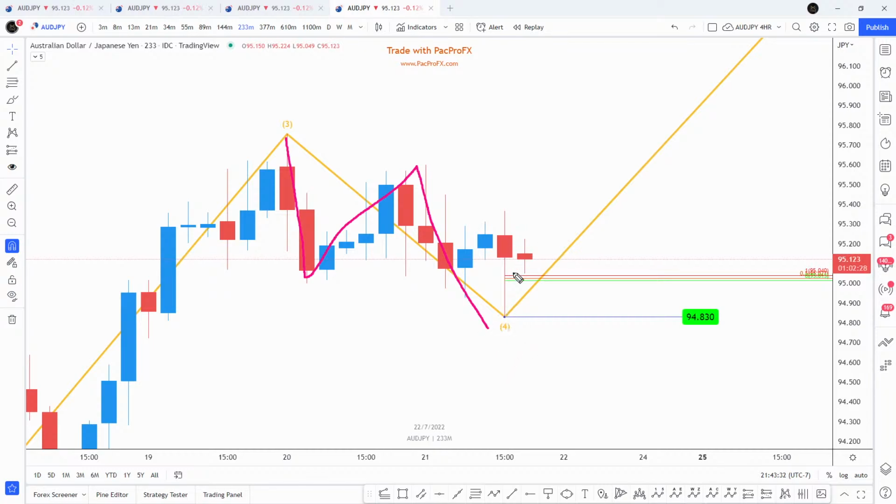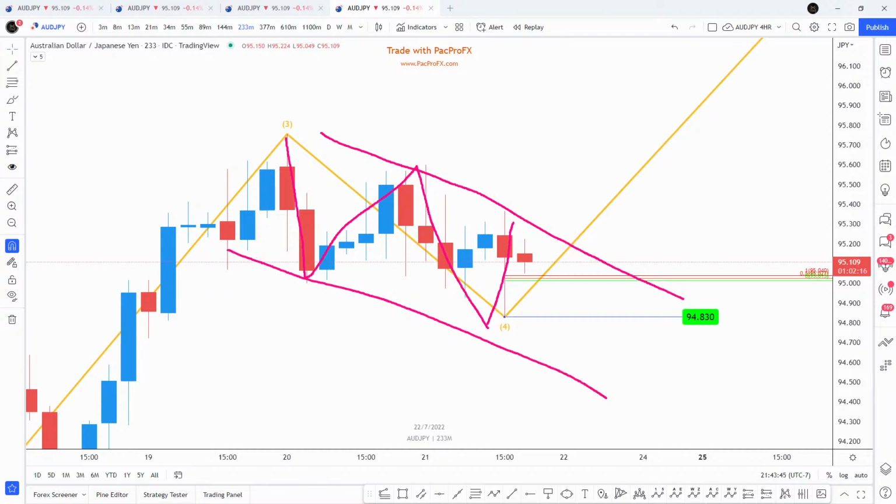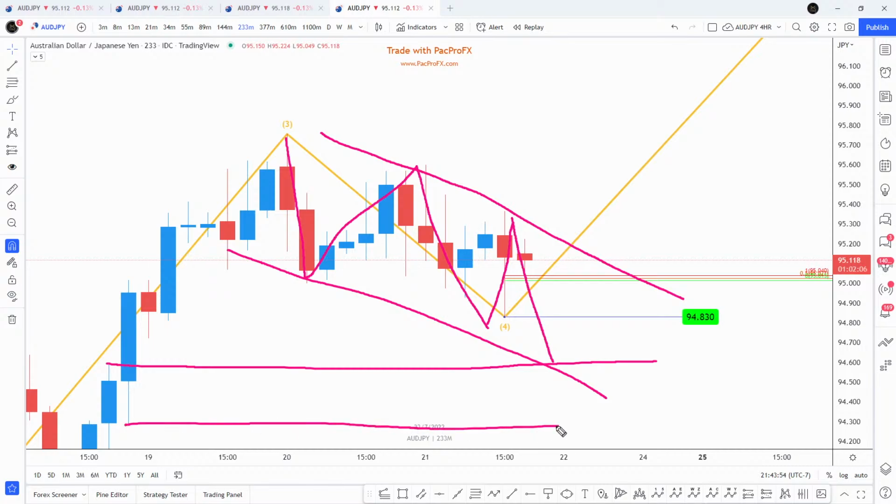So in here you have a 4 pulled back, and since this did not break any structure, you're basically now going to probably come back down a little lower. This is probably going to end up somewhere between here and here. The 50% of this is about here. So I'm looking for this to come back down to here, and then come back up.